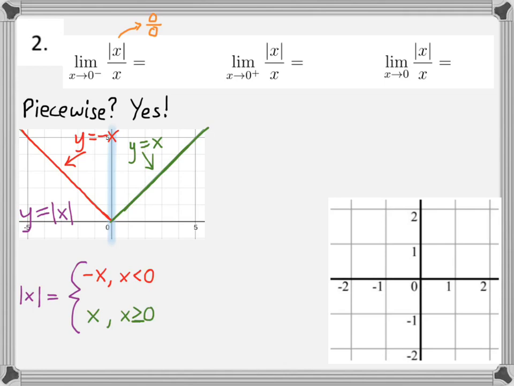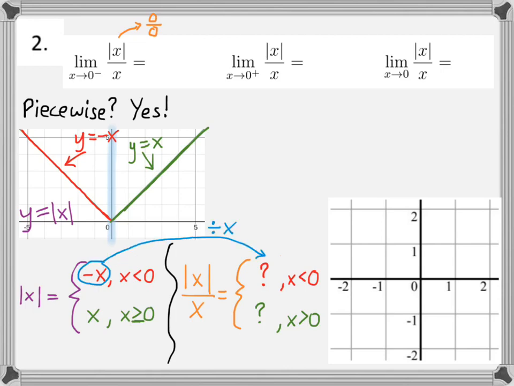It's a piecewise function. So now we can go from there and transition to, okay, well, what is this absolute value of x over x going to be? It's also going to be a piecewise function. To get there, I'm going to just simply need to take the absolute value function of each piece of it, and divide it by x.